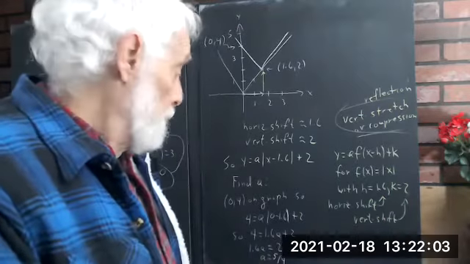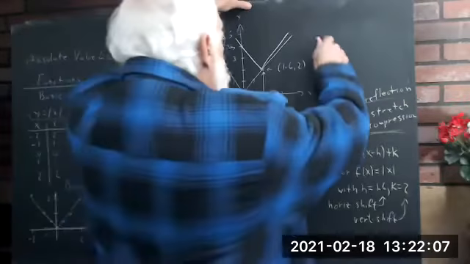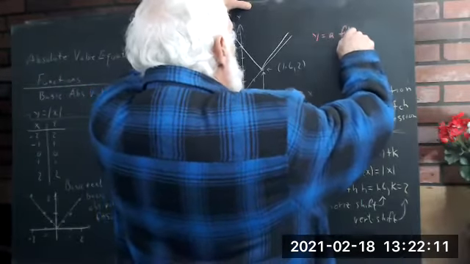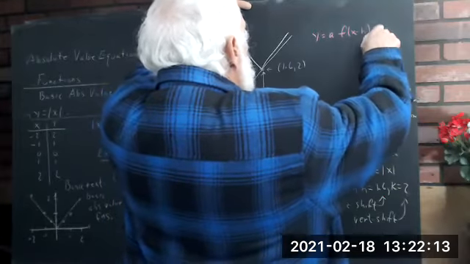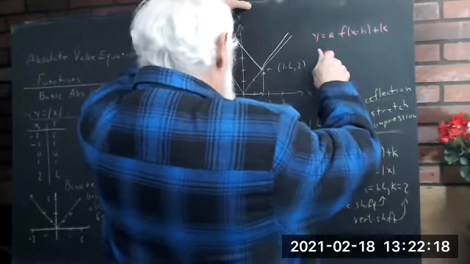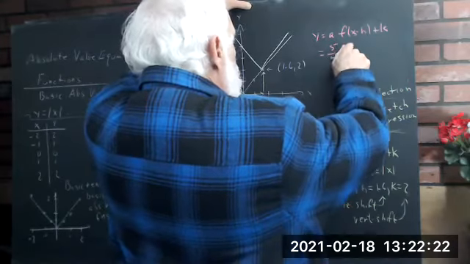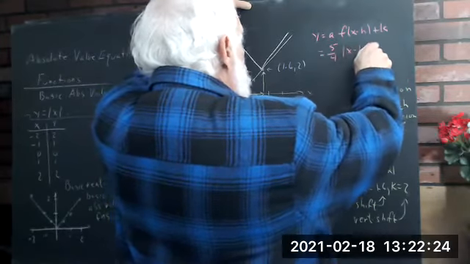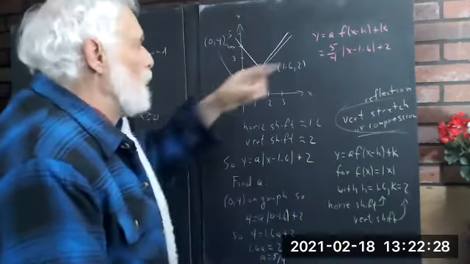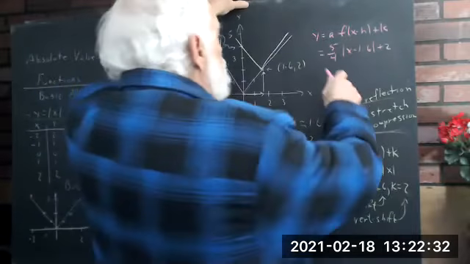So now we can say y is in the form A f of x minus h plus k.